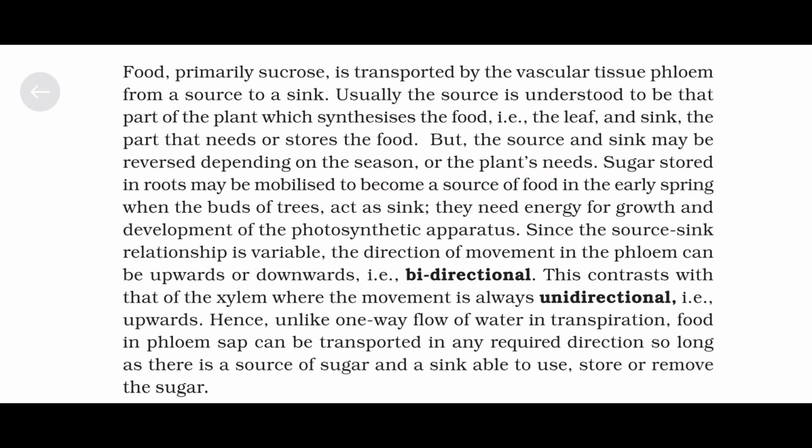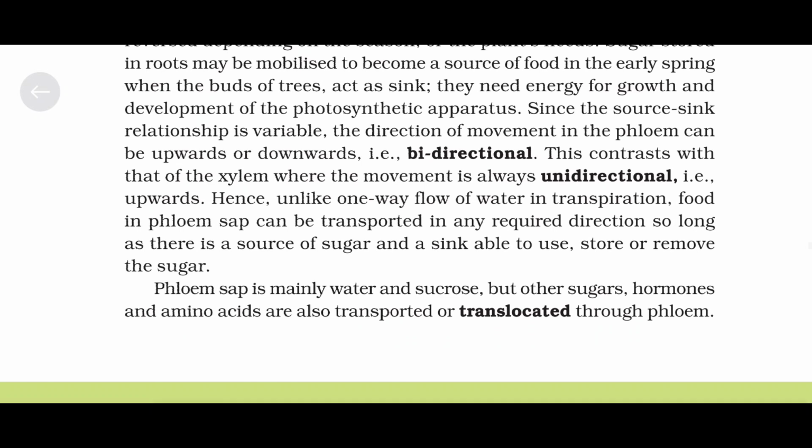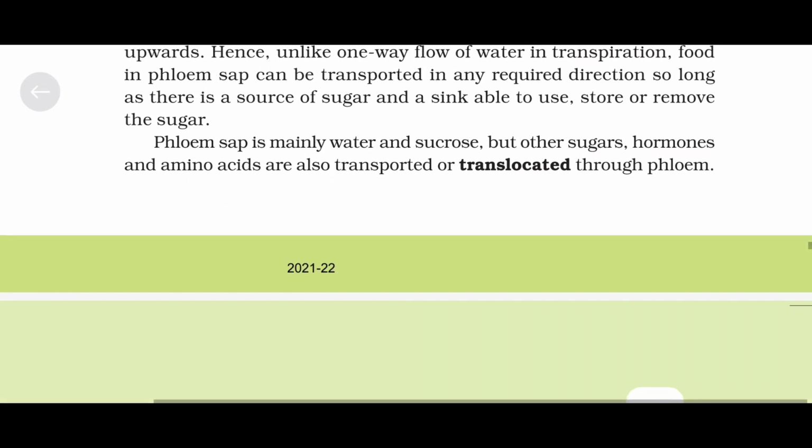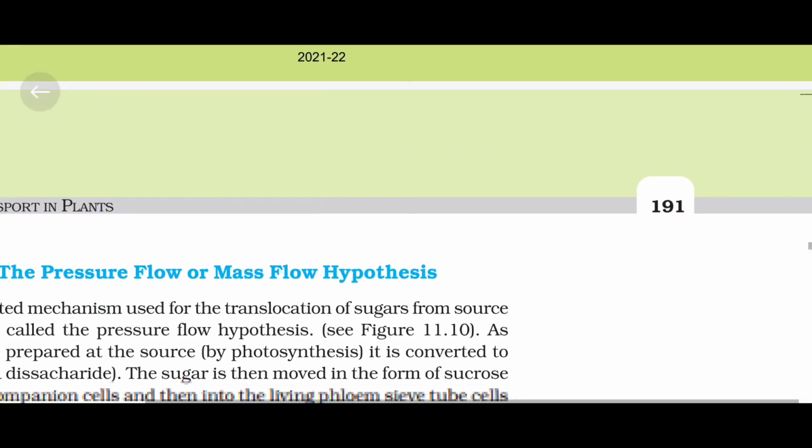Hence, unlike the one-way flow of water in transpiration, food in phloem sap can be transported in any required direction so long as there is a source of sugar and a sink able to use, store, or remove the sugar. Phloem sap is mainly water and sucrose, but other sugars, hormones, and amino acids are also transported or translocated through phloem.